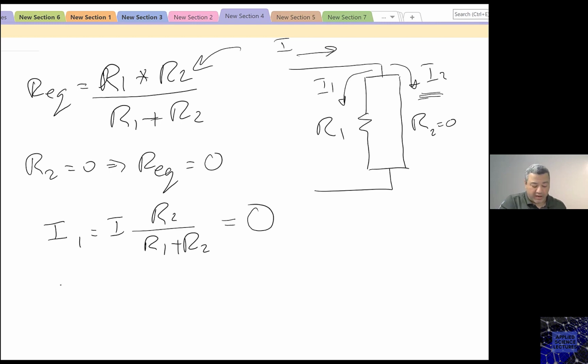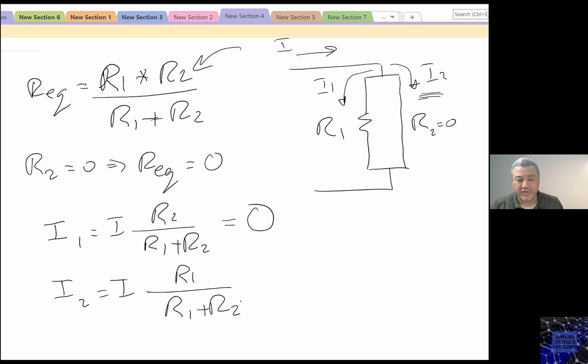Now let's see I2. I2 is I times the other resistor in the second branch, which is R1, divided by R1 plus R2. Isn't this the current division that we have learned for two resistors in parallel? Now, if you substitute R2 with 0, you will find that I2 would be the total current.